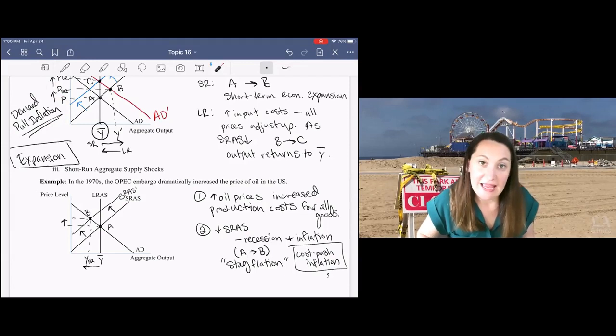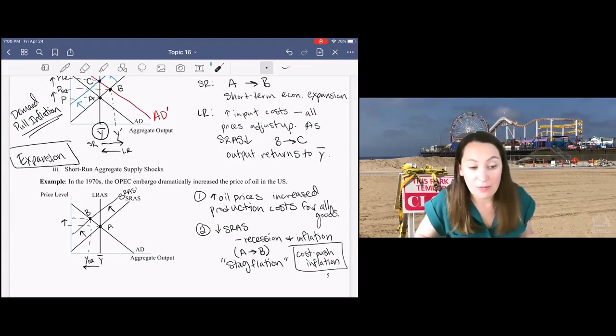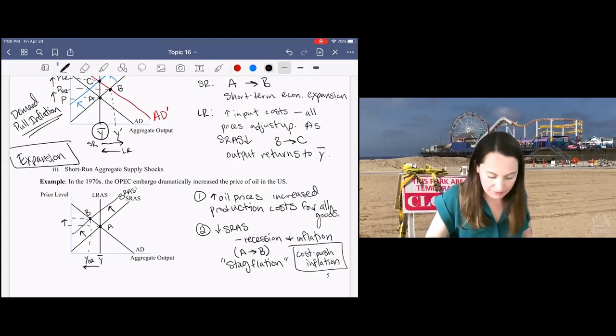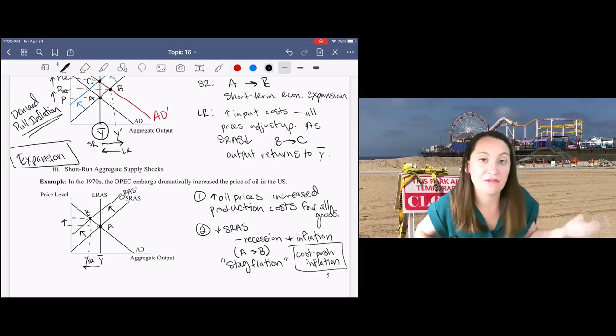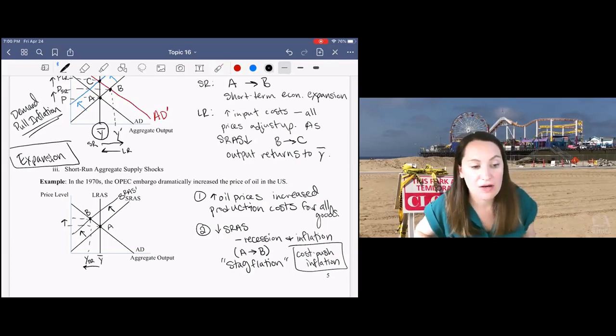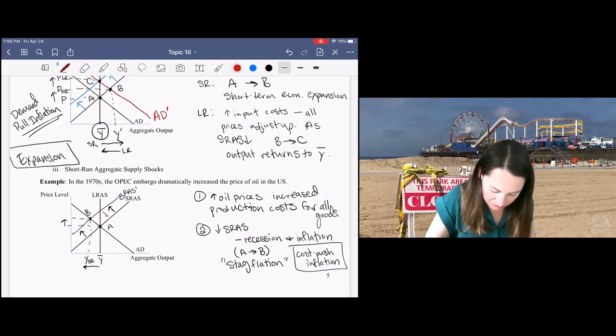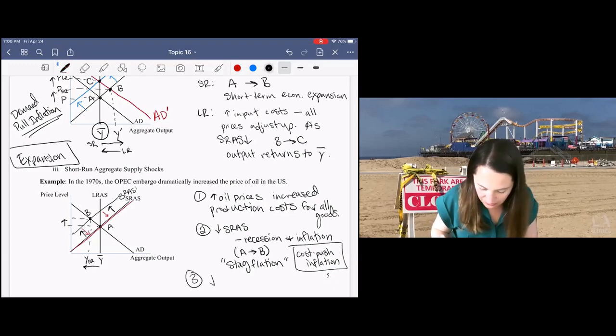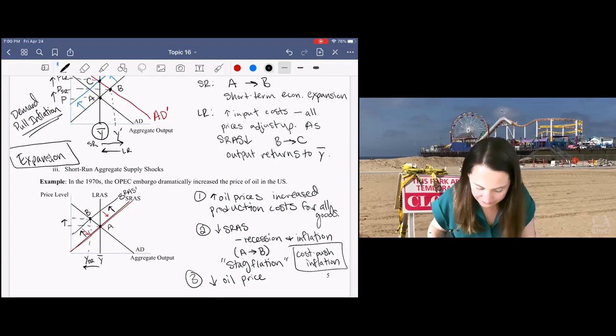What happened in this case is that actually eventually oil prices came down. Short-run aggregate supply shifted back to its original point, and we returned back to our long-run equilibrium.